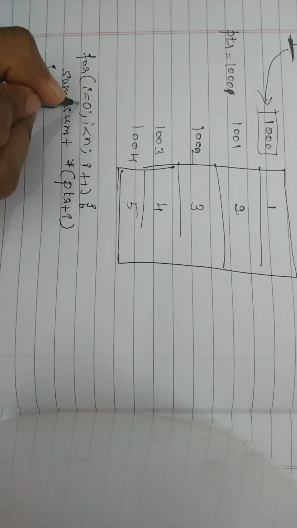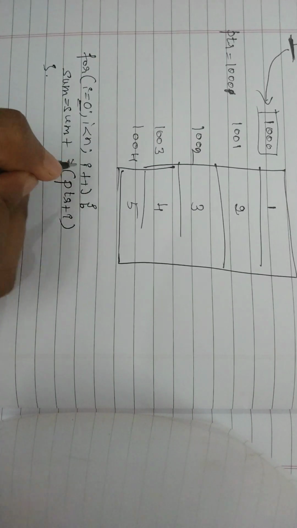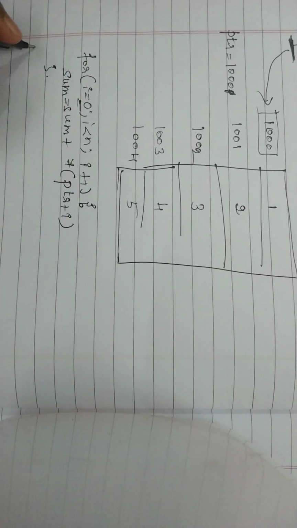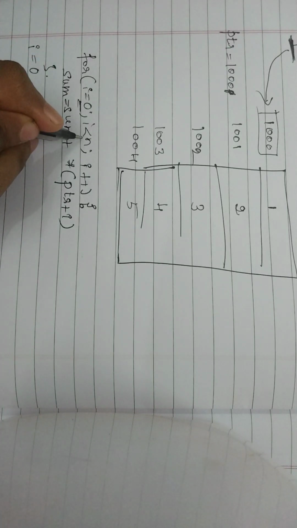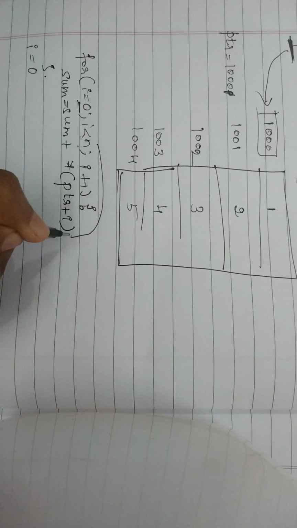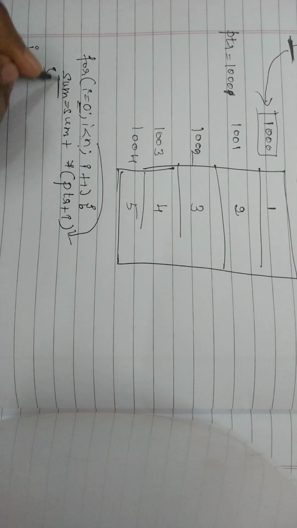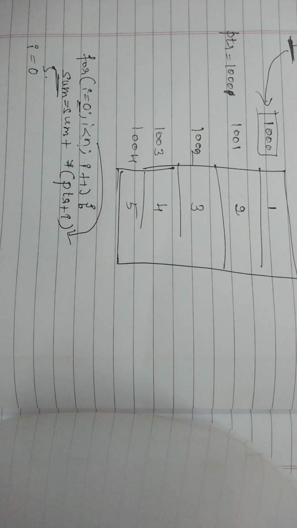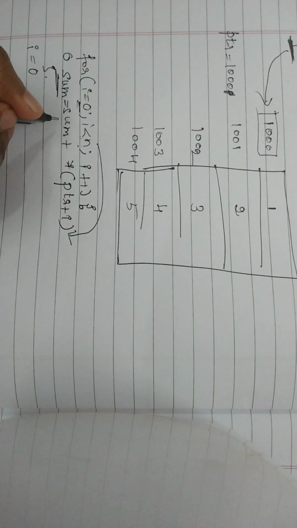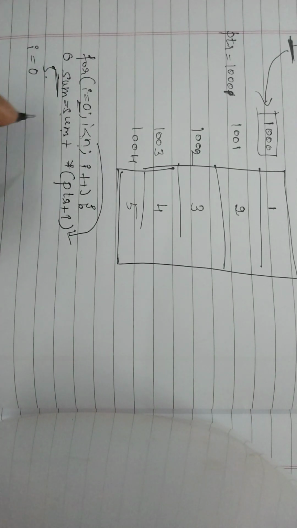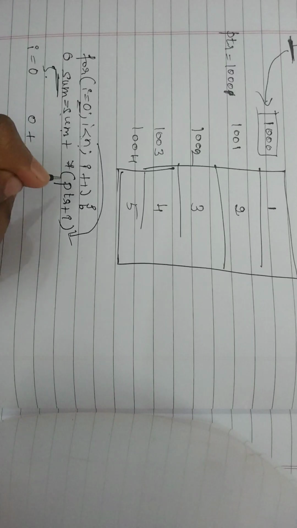For example, now i is equal to 0. Then we have i less than n. It is true, so it goes inside the loop. Sum, as we initialized before, is 0.